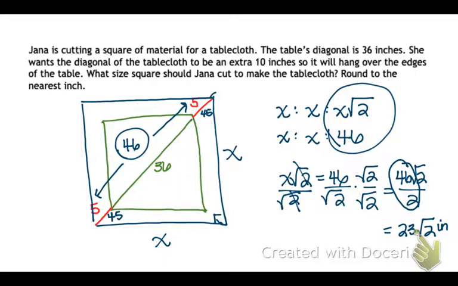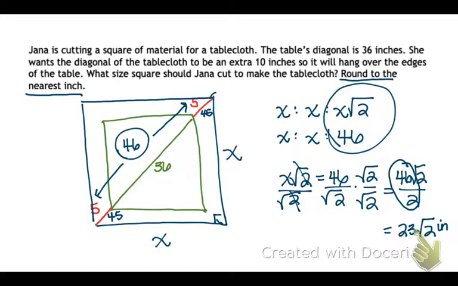Now, if you'll notice here, directions say to round to the nearest inch. When it has the radical, that's an exact answer. But sometimes we do need to multiply and get a decimal answer.